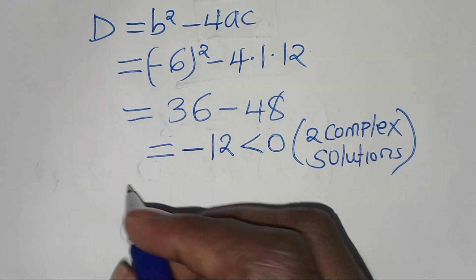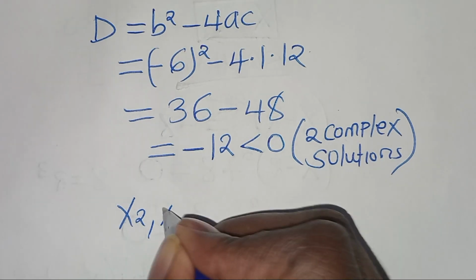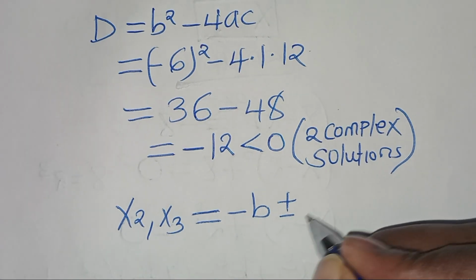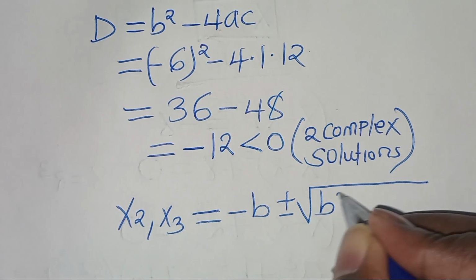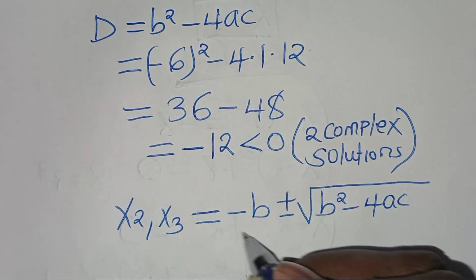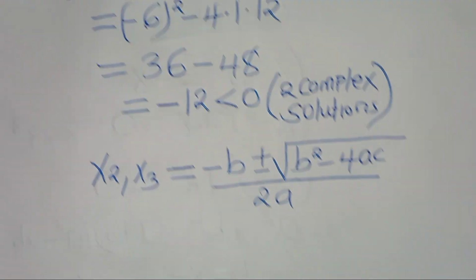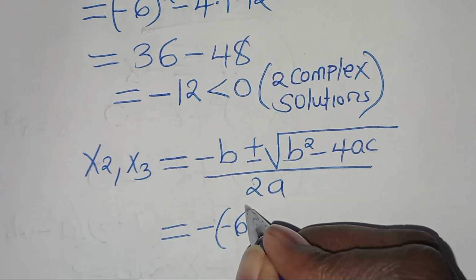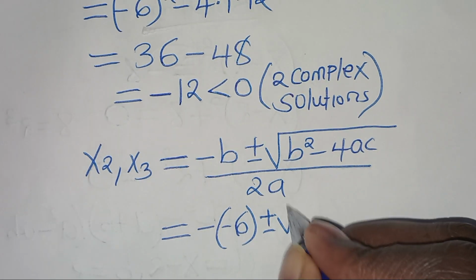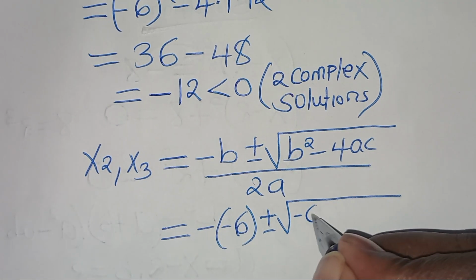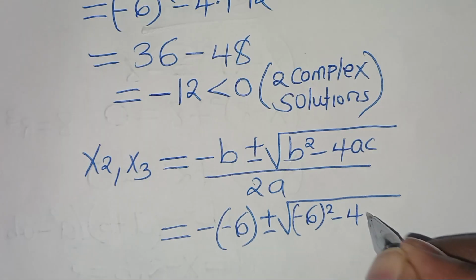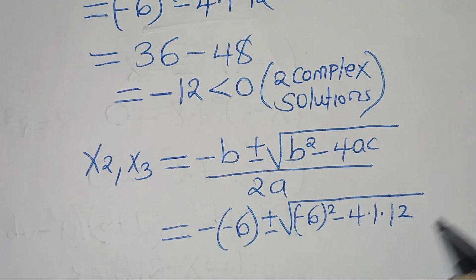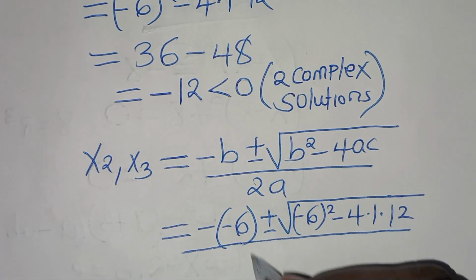So in this case, let's solve for x2, x3 by applying the quadratic formula, which is -b plus or minus the square root of b^2 - 4ac, everything here divided by 2 times a. So in this case here, we have -(-6) plus or minus the square root of (-6)^2 minus 4 times a, which is 1, then times c, which is 12, everything here divided by 2 times 1.